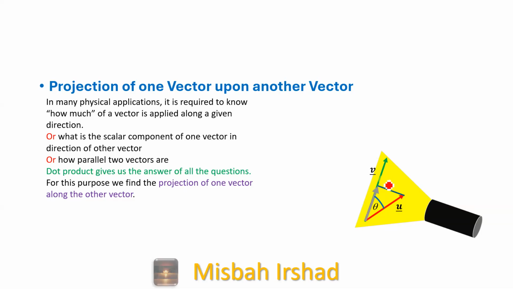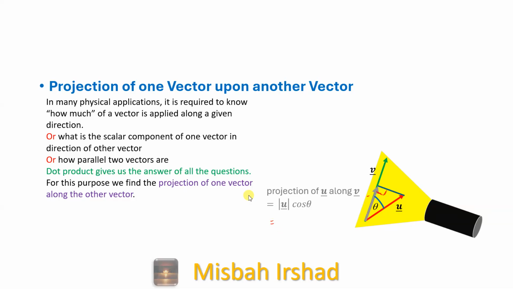and this length can be calculated with the help of this right angle triangle. We know that this length divided by magnitude of u is cosine of theta. So this length is magnitude of u times cosine theta. So projection of u along v is magnitude of u times cosine theta.